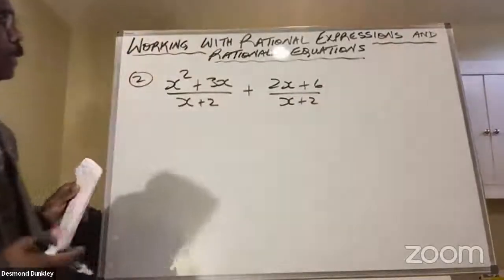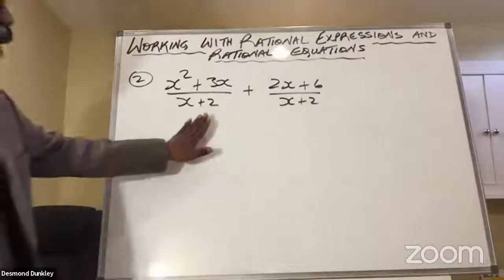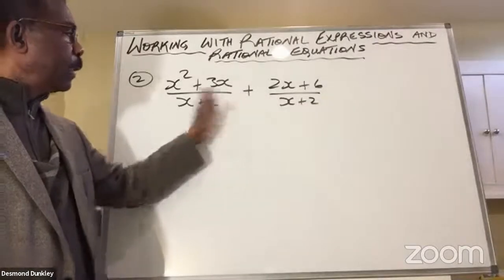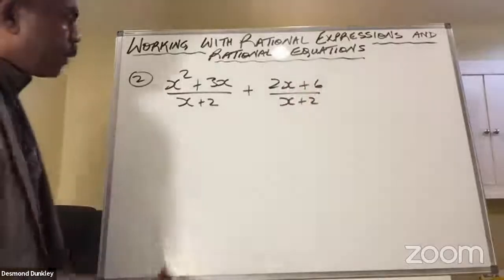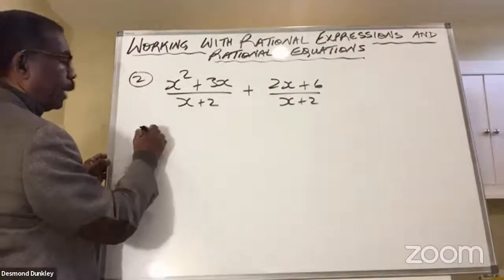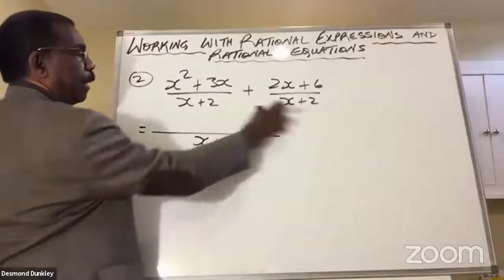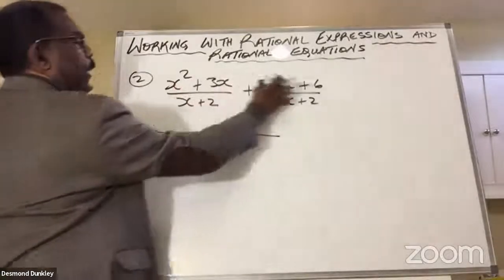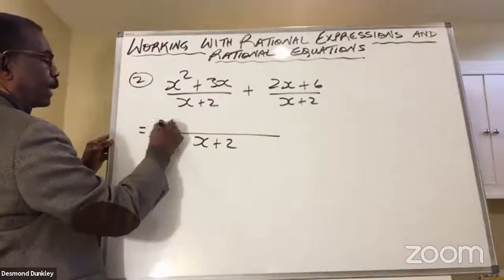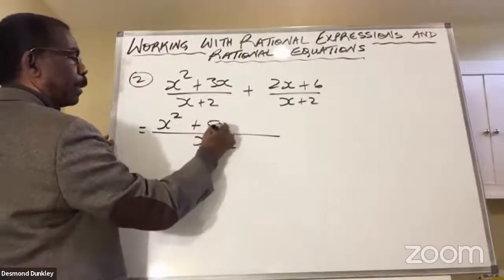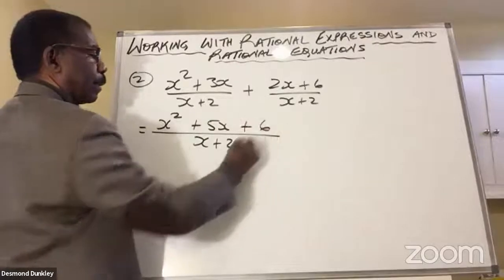I think I did this one too. But let's see, we already have a common denominator, it's already here, and it's a plus. So we can put the 2 expressions together. It's already the same denominator, so now we can put the numerators together. It's going to be x squared, 3x plus 2x is 5x, plus 6.